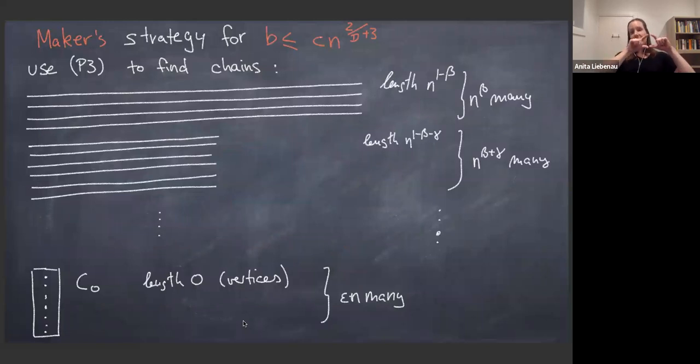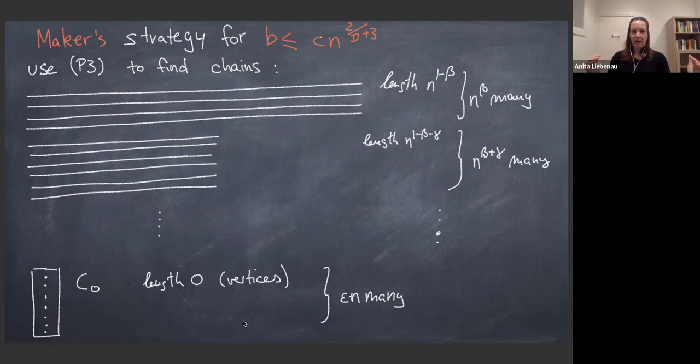In my first batch, I do not just find r of these chains or D+1 of these chains, but instead I find n^β of these chains. And together they occupy a tiny proportion of the full graph. I'm omitting constants now. They cover maybe some small epsilon times n vertices.